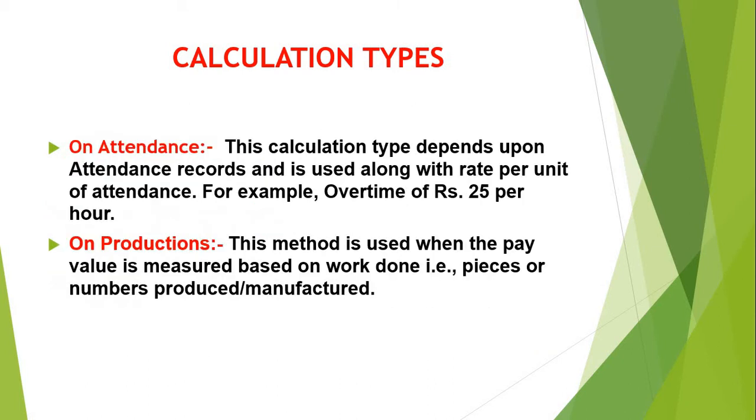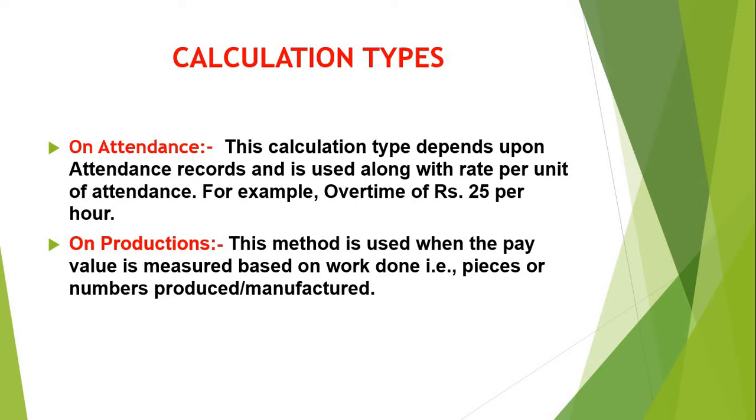Next one, on attendance. This calculation type depends upon attendance records and is used along with rate per unit of attendance. For example, work time of rupees 25 per hour. Suppose you select this option on attendance, then overtime, how much overtime was done, they will fix the rate per hour.